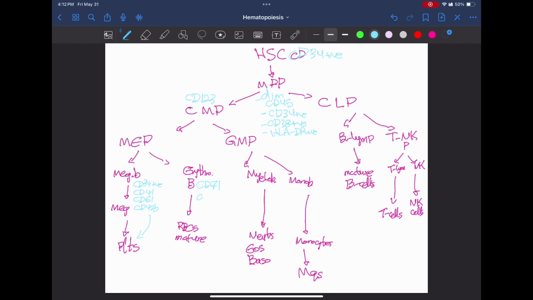CD117 tends to be positive in the immature erythroid progenitors, and as these cells mature, they lose expression of CD117, and they gain expression of glycophorin. The other name for glycophorin is CD235A, and they can show expression of hemoglobin as well.